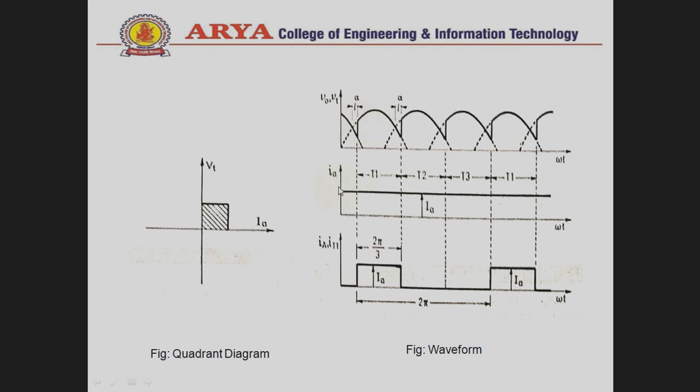The armature current waveform is constant because the thyristors are working continuously, and this is the waveform of current due to thyristor T1. T1 is only working when the output voltage is considered across T1.